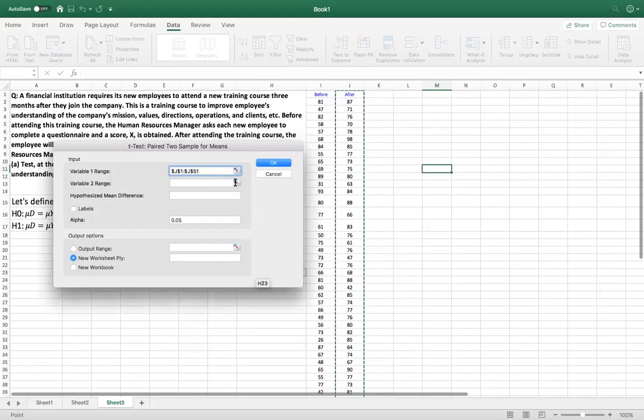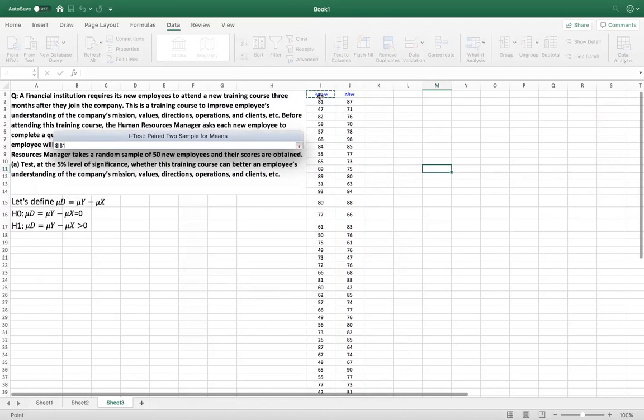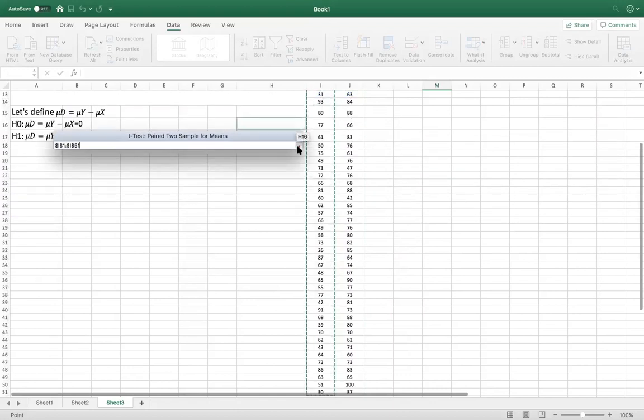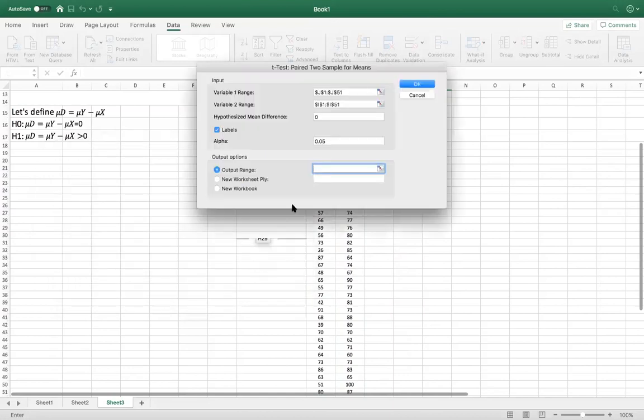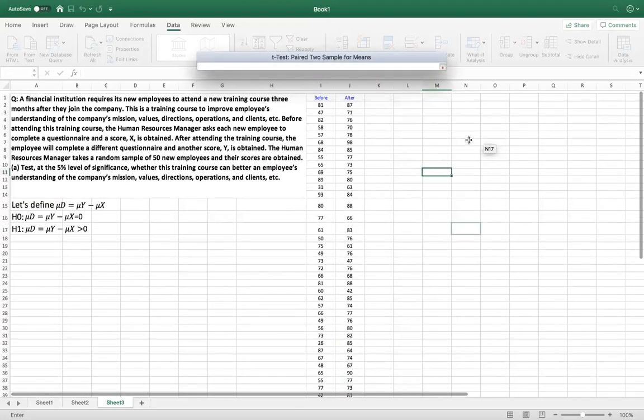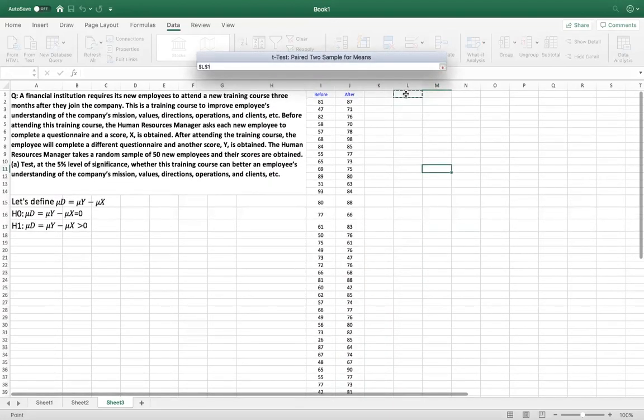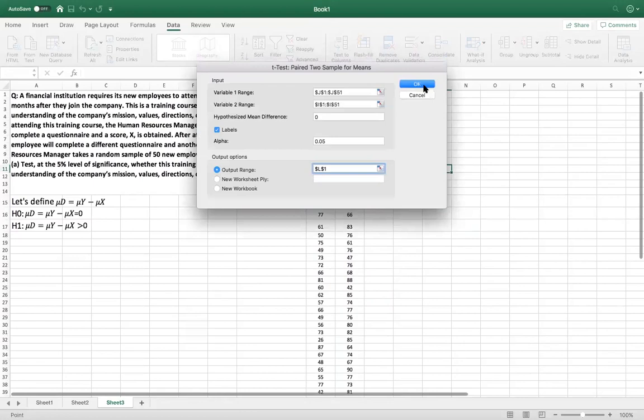And variable 2 is before. The hypothesized mean difference is 0. And I will take the labels. The alpha is 5%, and then the output range. Okay.